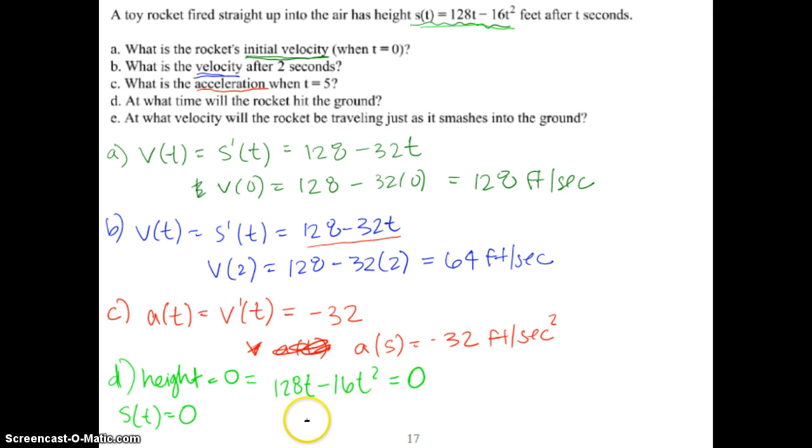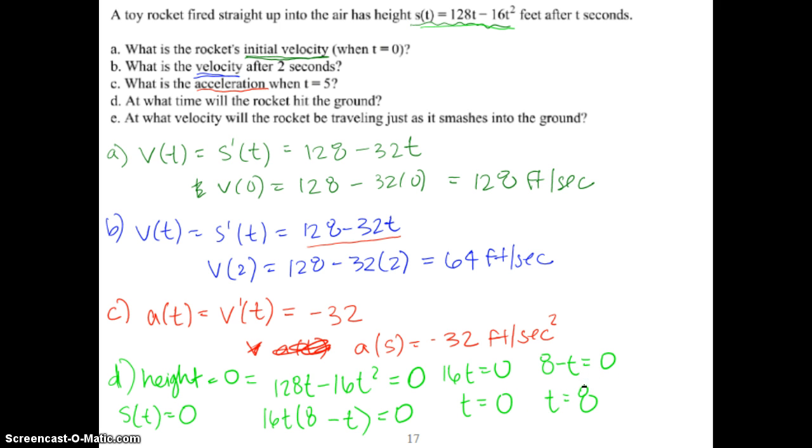If we factor out a 16t, we're left with 8 minus t equals 0. So we set each term equal to 0: 16t equals 0 and 8 minus t equals 0. So t is equal to 0, and also t is equal to 8.